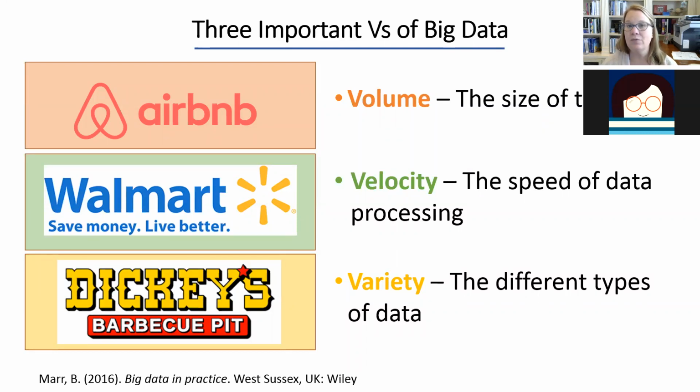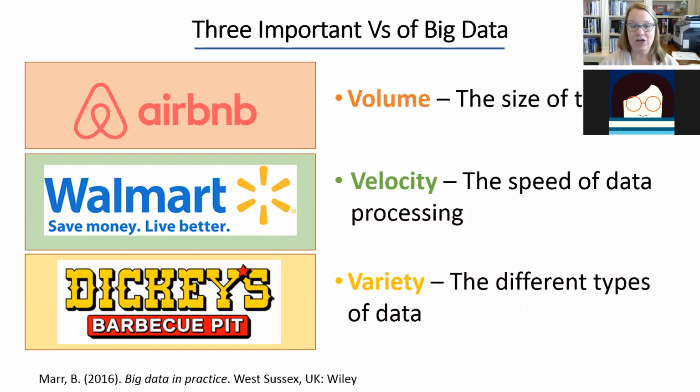And then lastly, variety, the different types of data. So Dickey's Barbecue, an Austin-based, Texas-based company, is a good example of this. They have a data processing system that not only tracks inventory, but also keeps track of all of their customer needs and all of the customer data.